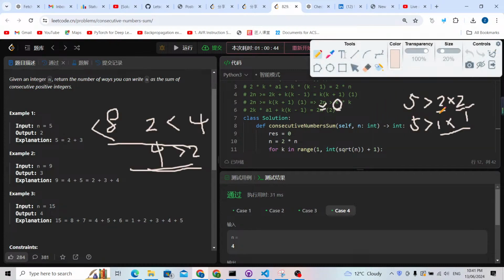N divided by this is okay. Yeah, let me just use another one.